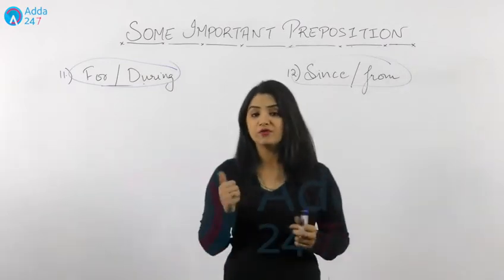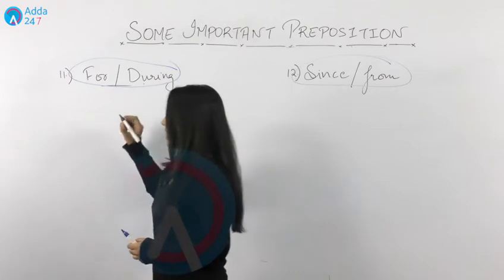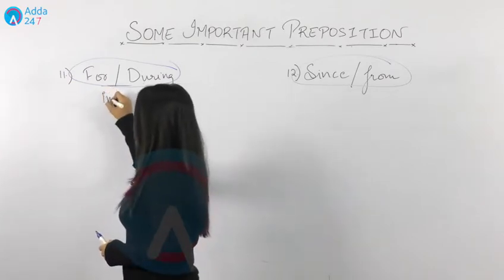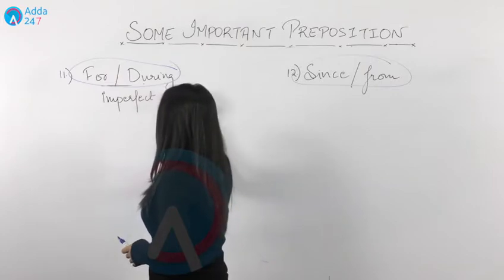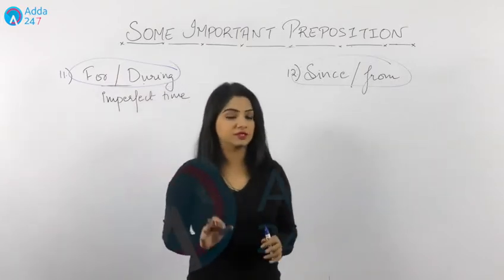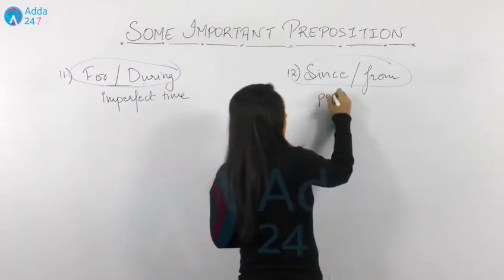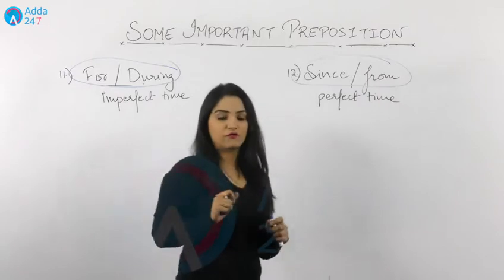Where to place for and during, and where to place since and from? When we have imperfect time, then we use for and during. That means you're not sure about the perfect time. But when we have perfect time, then we use since or from.